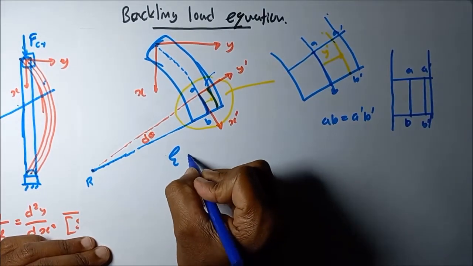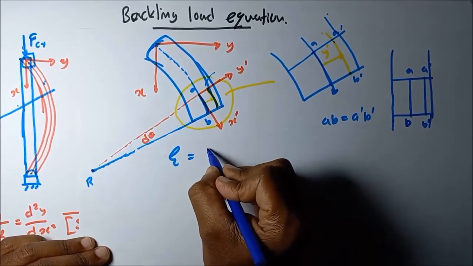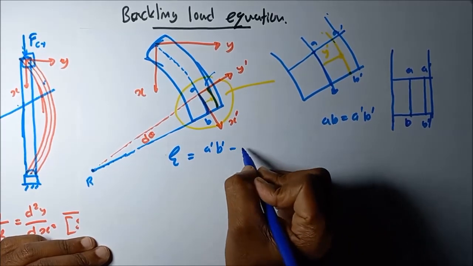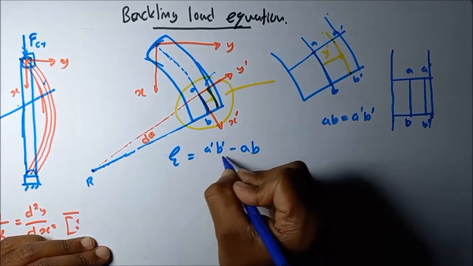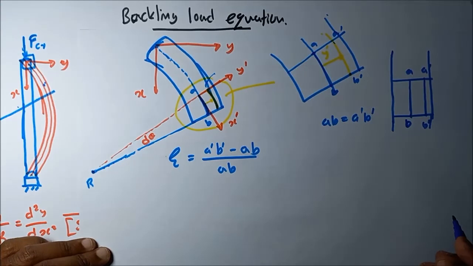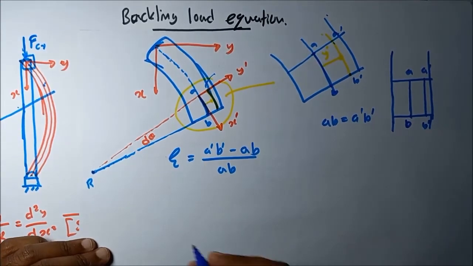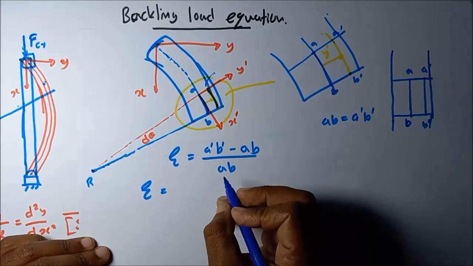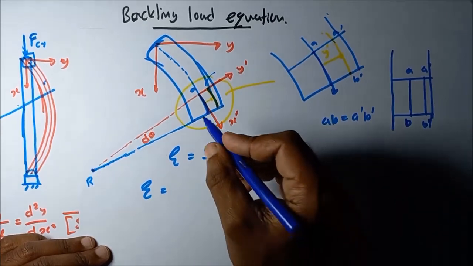Then how to find the strain? Extended length A dash B dash minus original length AB, divided by original length. This is the basic equation to calculate the strain. What is the A dash B dash length?